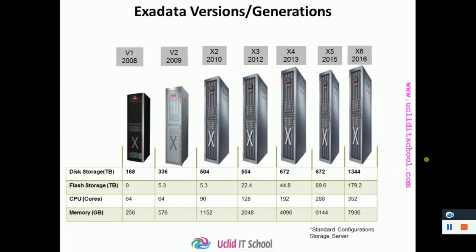But from version 3, the nomenclature has changed to X. Instead of V, Oracle started using X. So the third version is called X2. Fourth version is called X3. Fifth version X4. Sixth version X5. Seventh version X6. Okay.